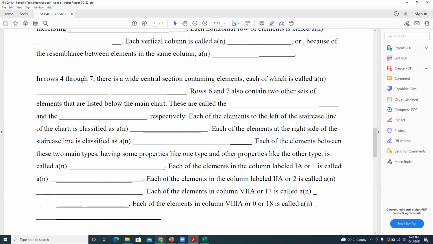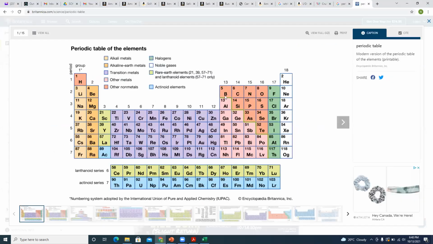So let's have a look at our periodic table. Do you see this staircase line here? To the right, these are called the non-metals. And to the left, these are the metals. Metals and non-metals, and this staircase line sort of separates them.